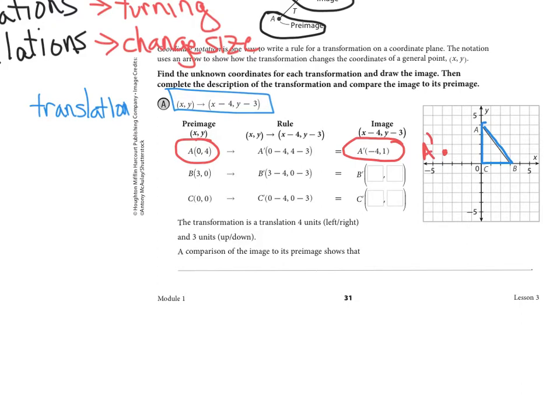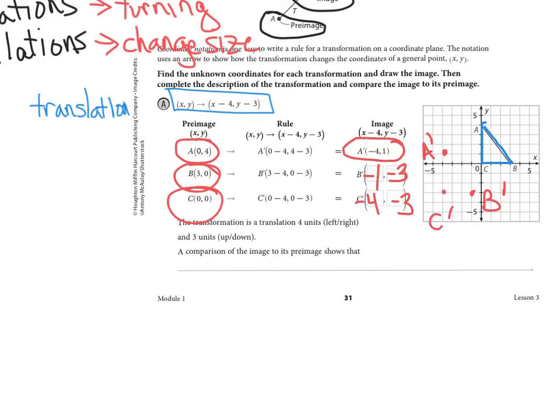B is at 3, 0, and we subtract 4 from the x and 3 from the y. So I go negative 1, negative 3. There's my B prime. And C is at 0, 0, so we end up at negative 4, negative 3.